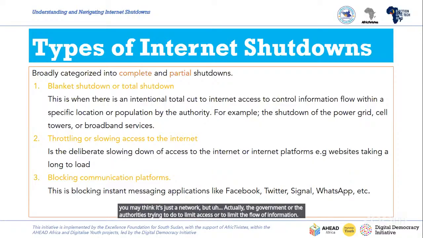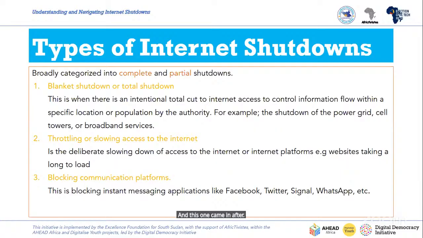One of the ways they do it is through throttling, and this one came in after the blanket shutdowns got a lot of criticism from advocates. So the government tried to come up with another way of controlling or shutting down the internet.